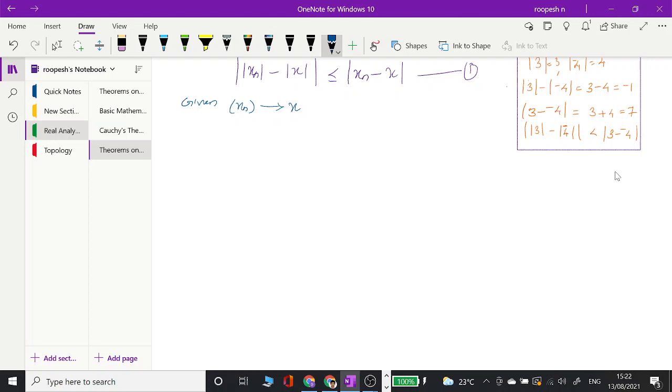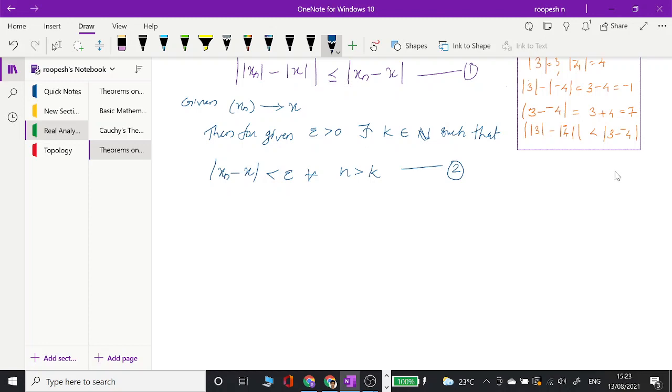Then for given epsilon greater than 0, there exists some k belonging to the set of natural numbers such that modulus of xn minus x is less than epsilon for every n greater than k. Now call this equation 2.